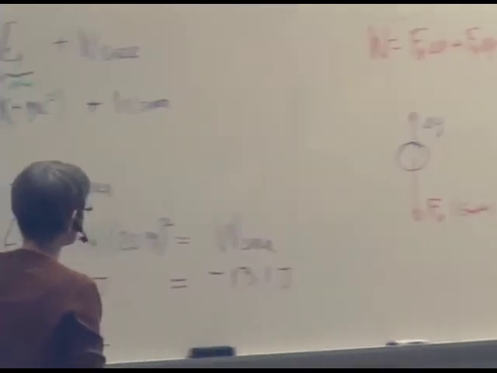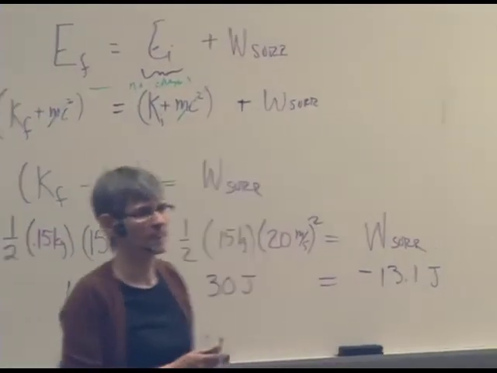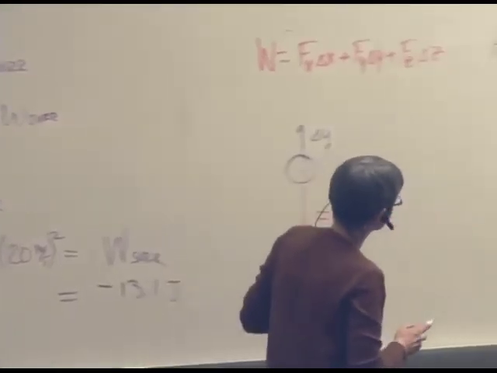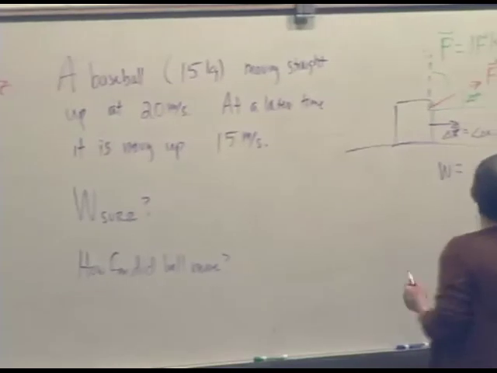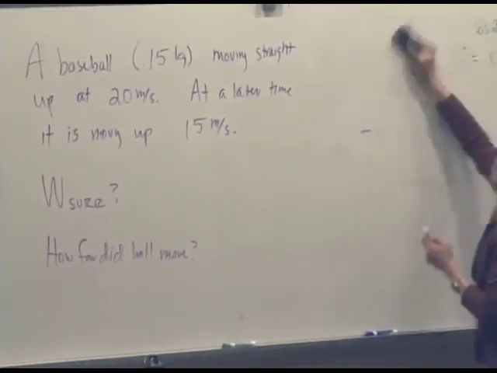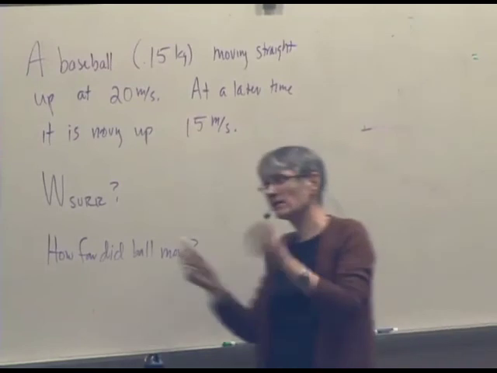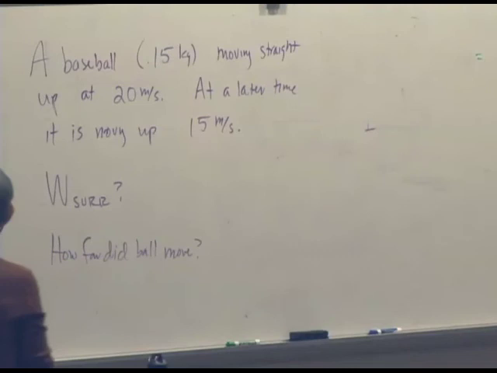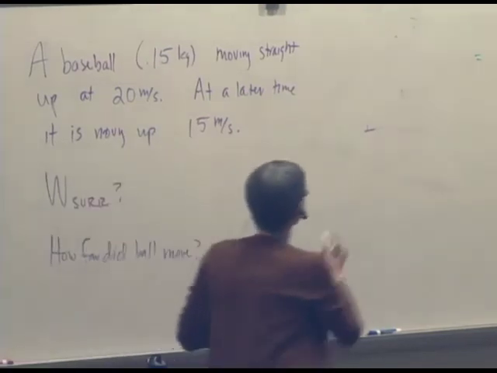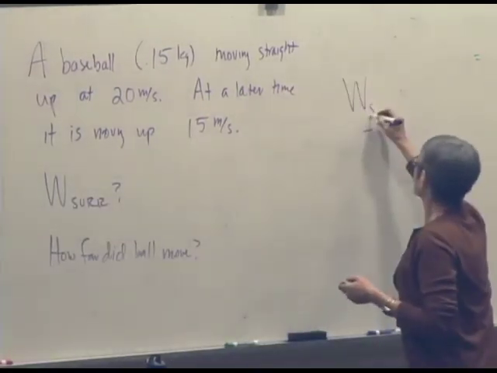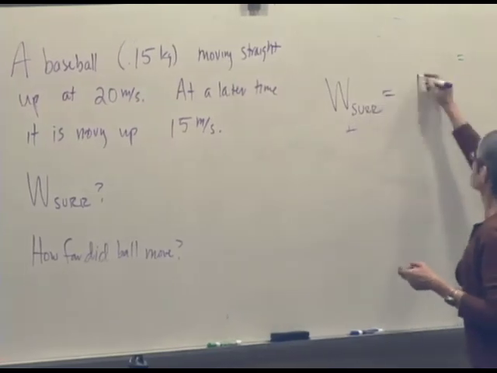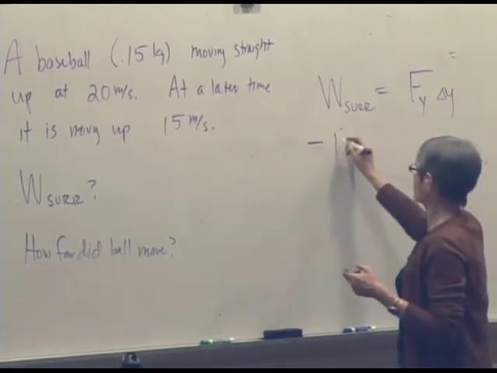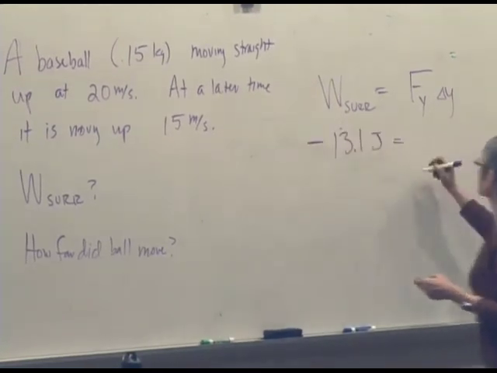Okay, how far did the ball move? What's delta Y? How do we figure that out? Now we can use the definition of work, right? Because now we know how much work was done. So we can say work by the surroundings was equal to Fy delta Y. This was a negative 13.1 joules.